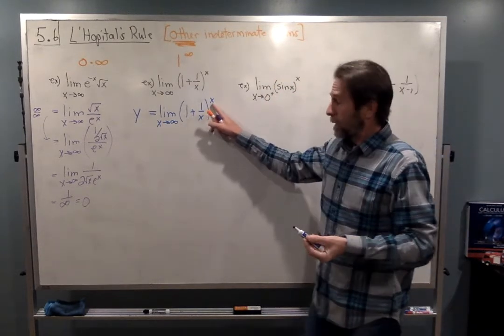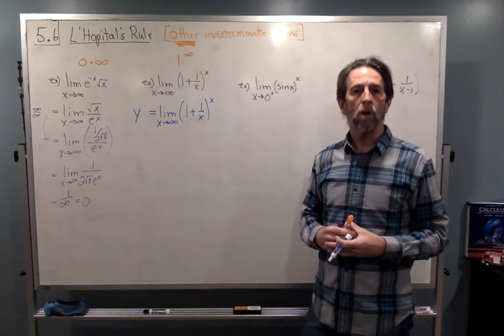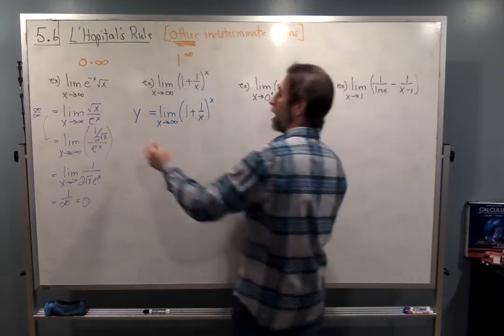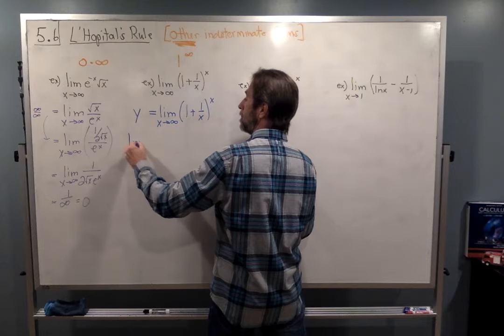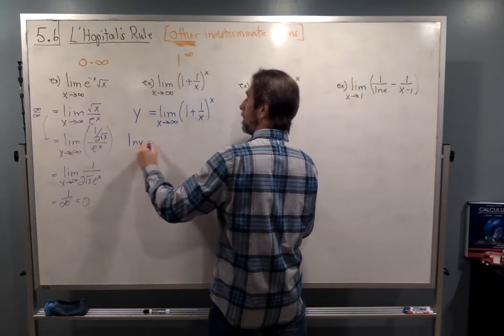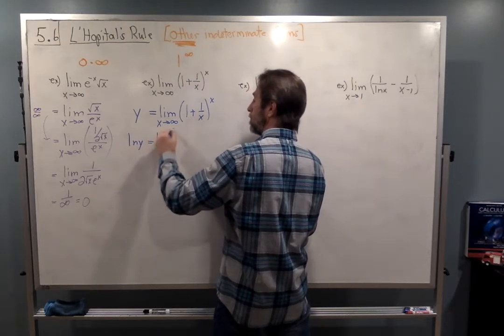Now, we don't typically like to work with exponents, and the properties of logarithms are going to save us. I will now find the log of both sides. That's the log of y equals the log of all of this.